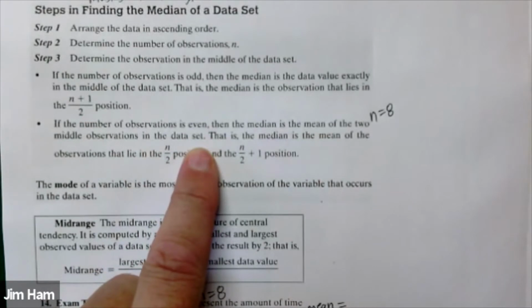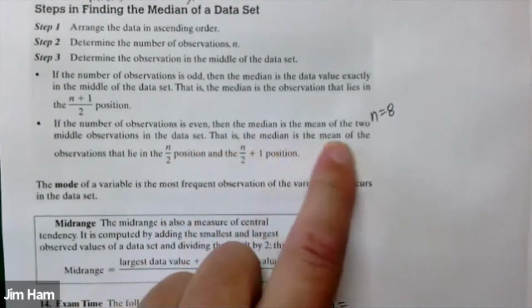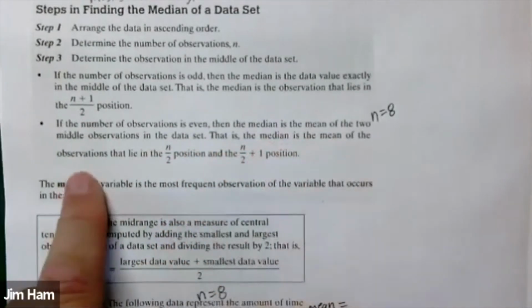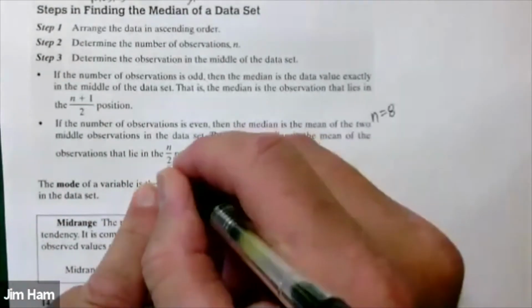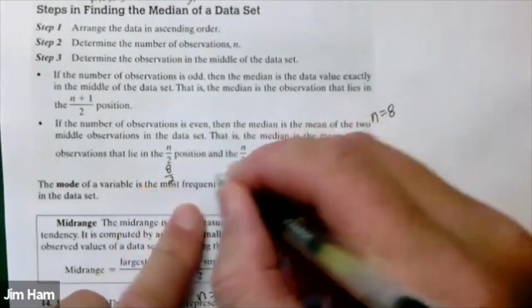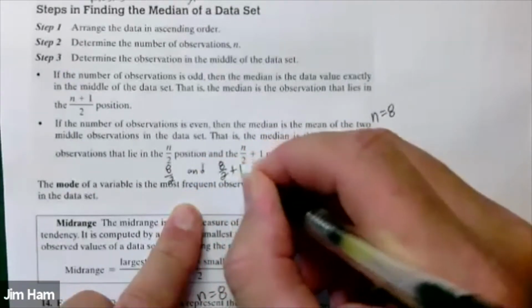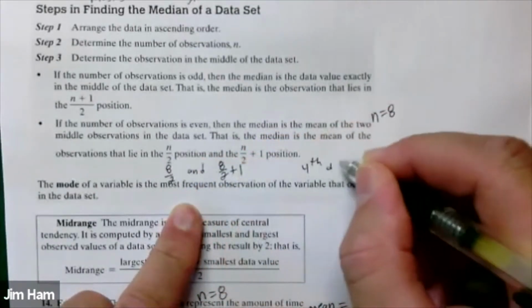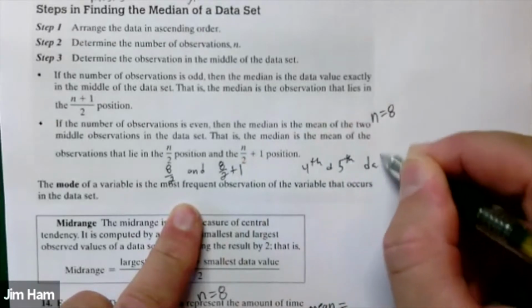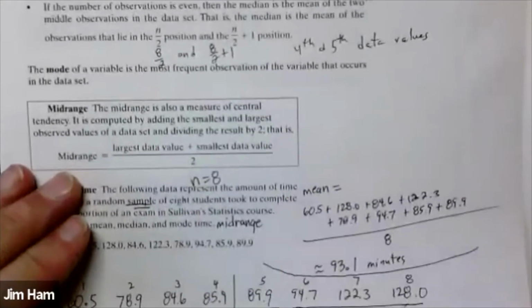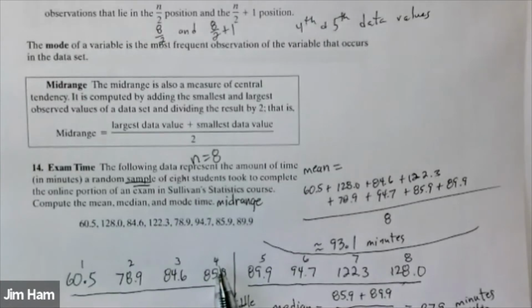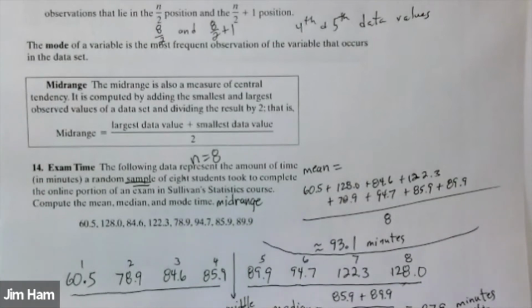That is, the median is the mean of the observations that lie in position 8/2 and position 8/2 plus 1, the 4th and 5th data values. So here's the 4th data value and here's the 5th data value. So it's like the arithmetic average, the midpoint, the number right in between those two middle data values.